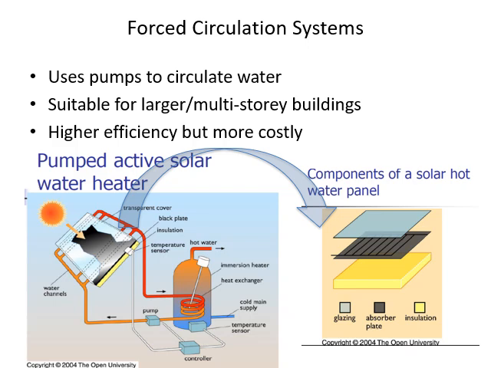Now let us have a look into the forced circulation system. In this case, the heat exchanger principle will be applied, and we will be using this hot water from the sun as a source for heating the water inside the container. The container is here, and we can see the source of heating is coming from the forced circulation system.